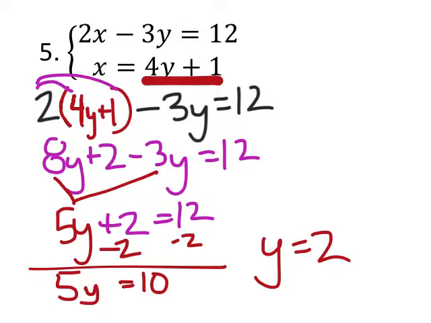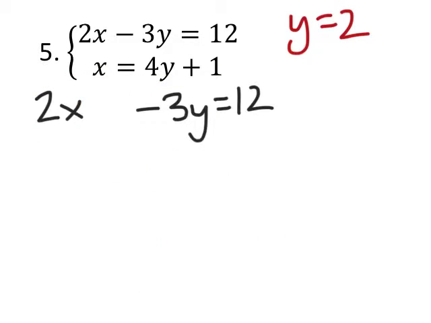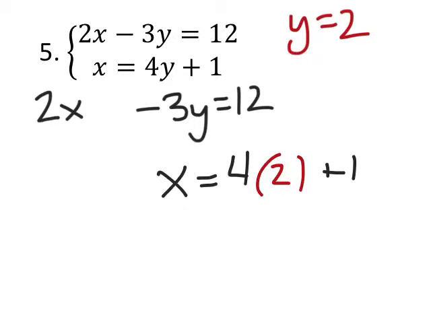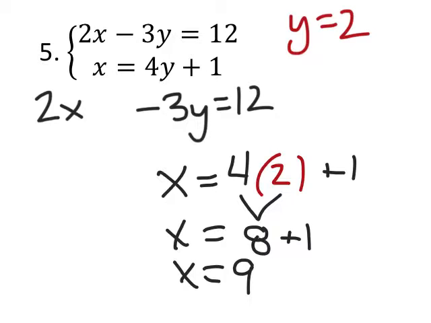Alright, since I have the y, I can go ahead and look back at that second equation, x equals 4y plus 1, and replace y with 2. So we've got x equals 4y, which is 2, plus 1. 4 times 2 is 8, plus 1. X is 9. So we've got the y and the x.